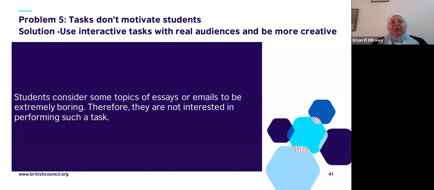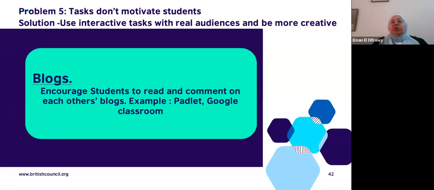So we need to use interactive tasks that are interesting and more creative. Let me introduce some to you. You can use blogs with your students. Students use technology all the time. So I use Padlet and Google Classroom. I really love Padlet.